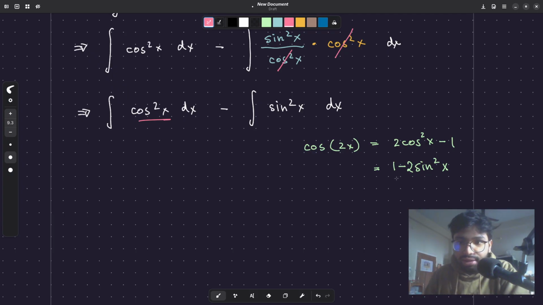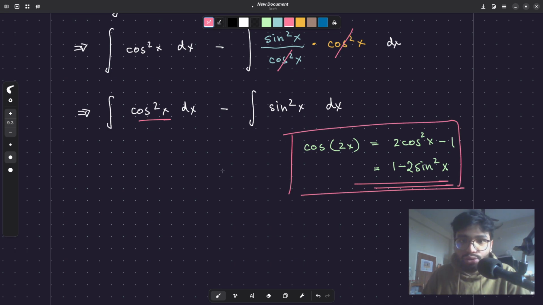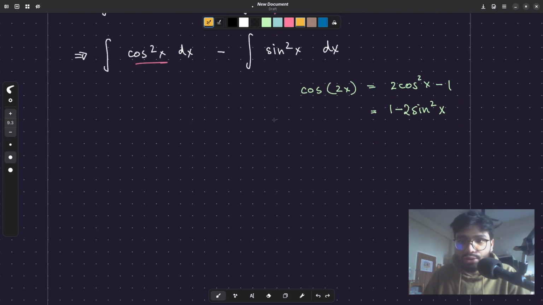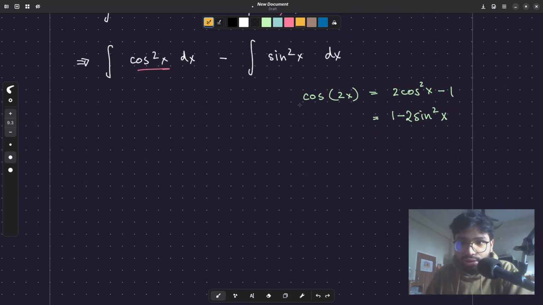We know these, so we're going to use this half angle formula to solve for that one. How? Let us do some more algebraic manipulation. For this equation 1, and this equation 2. For 1, let us transpose the 1 over here and divide the whole equation by 2.